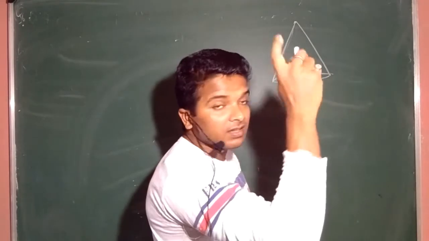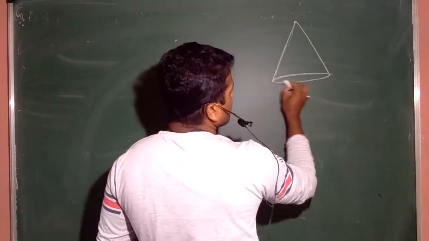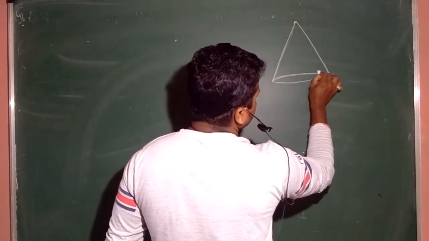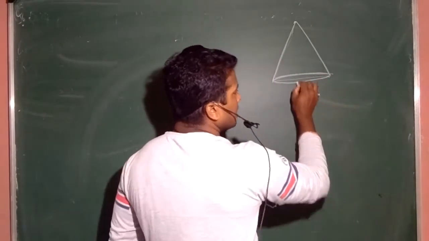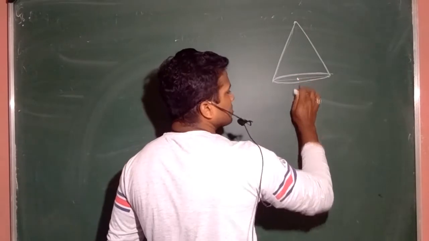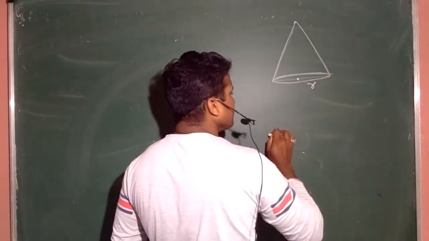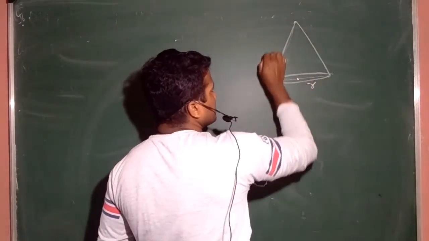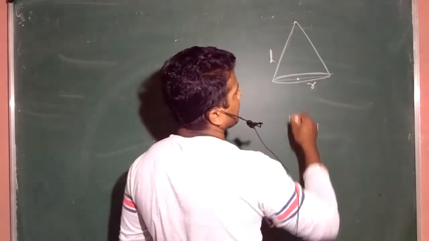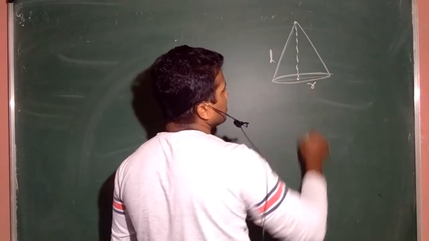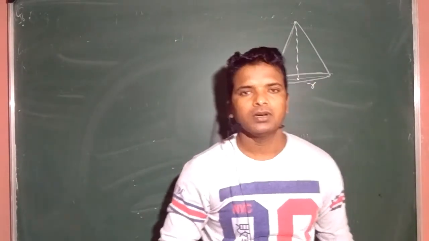It is just like a circle. This circle has a circumference, and this middle line from the center is called the radius. This one is called the slant height. Slant height we take as L for the cone, and this is your height. Height always needs to be straight.